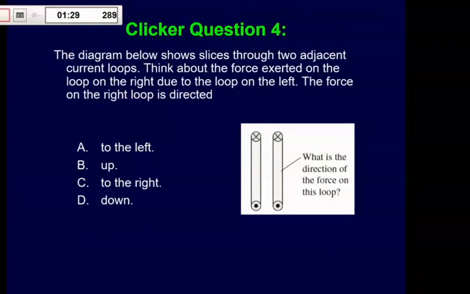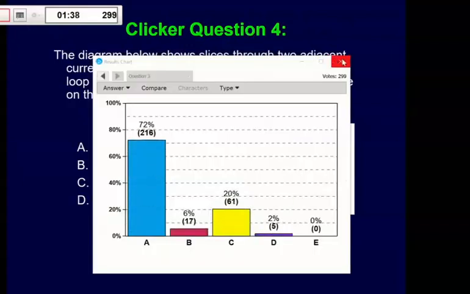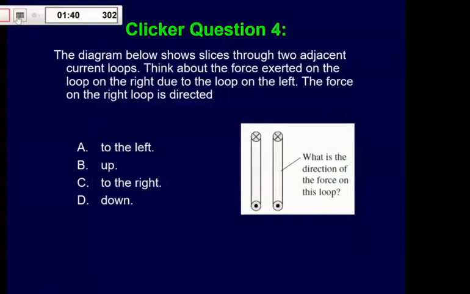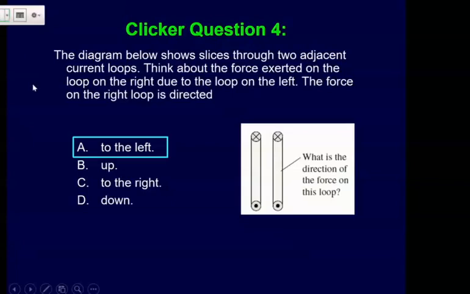Okay, so let's look at the answers here, what everyone got. I agree with the majority so far. About 70% are getting it, and I agree with to the left. If we look at this, it's a similar picture.